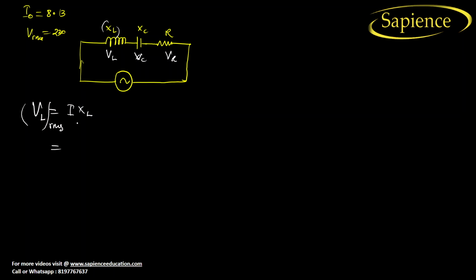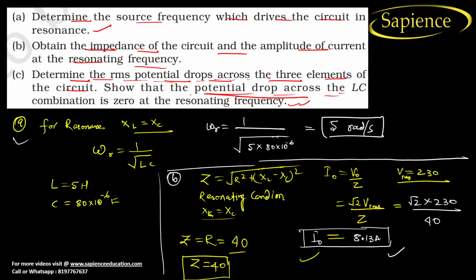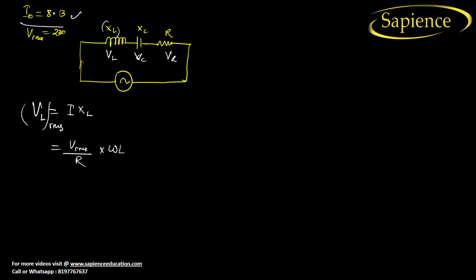We can use this current, or we can use I is equal to VRMS divided by resistance R, into omega L. Why am I writing this one?